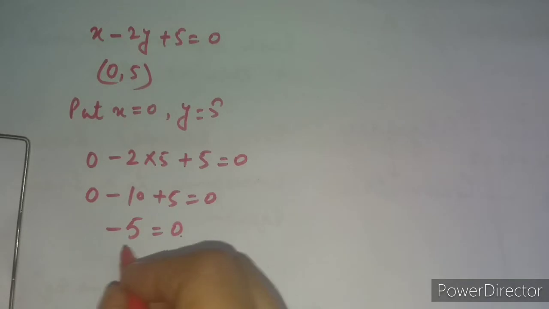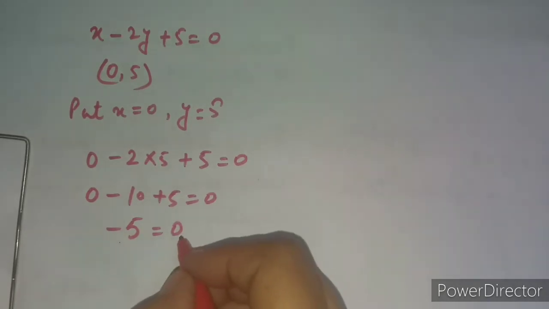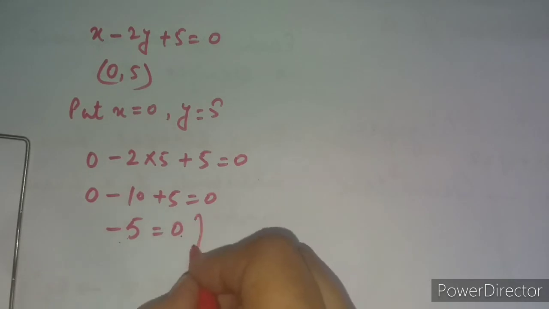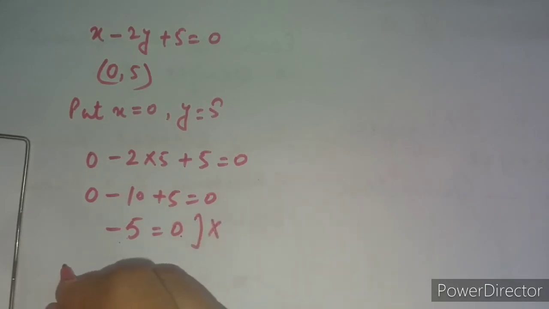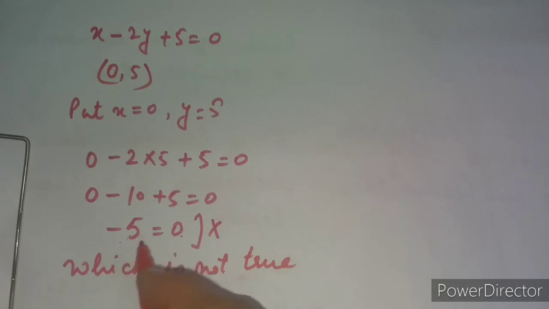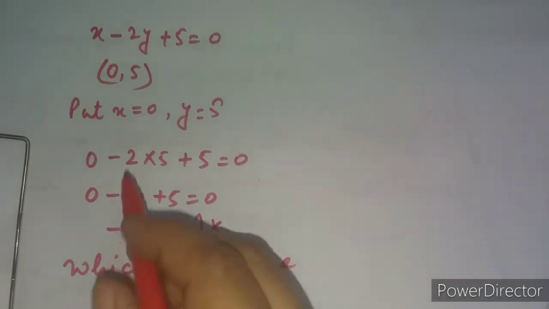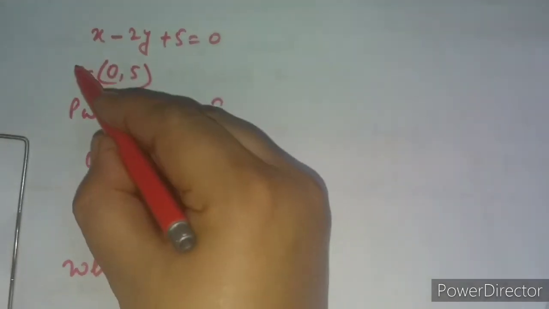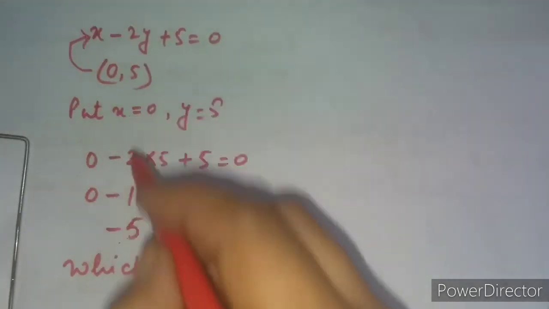So here we are going to write very clearly: minus 5 is equal to 0, but this is totally wrong. So we will say which is not true. Everybody can see minus 5 cannot be equal to 0. Which is not true means that this point (0, 5) does not satisfy the equation of this line.